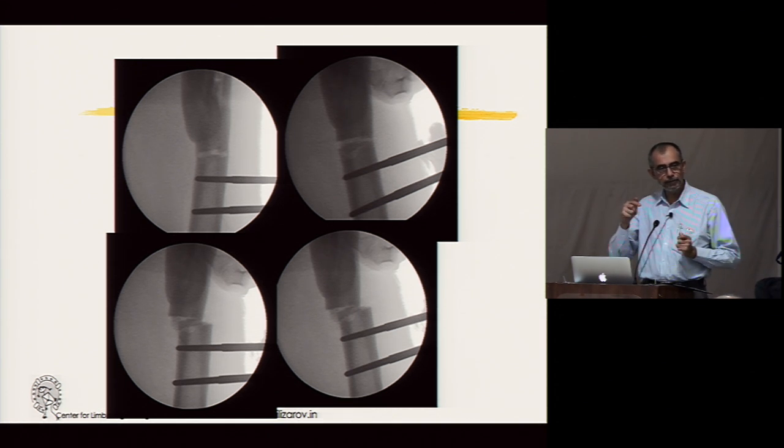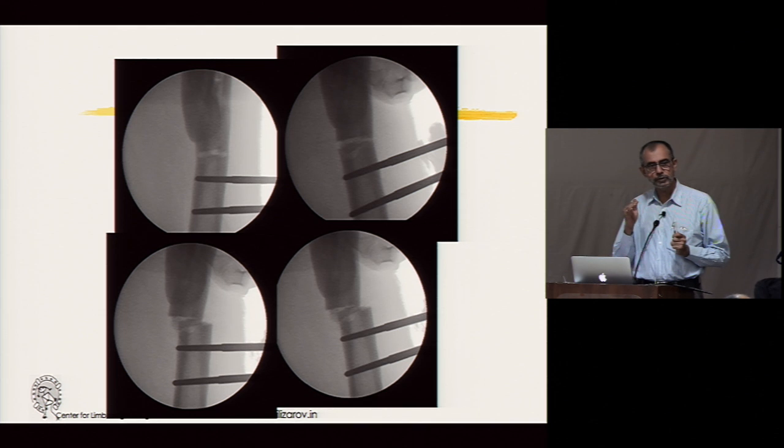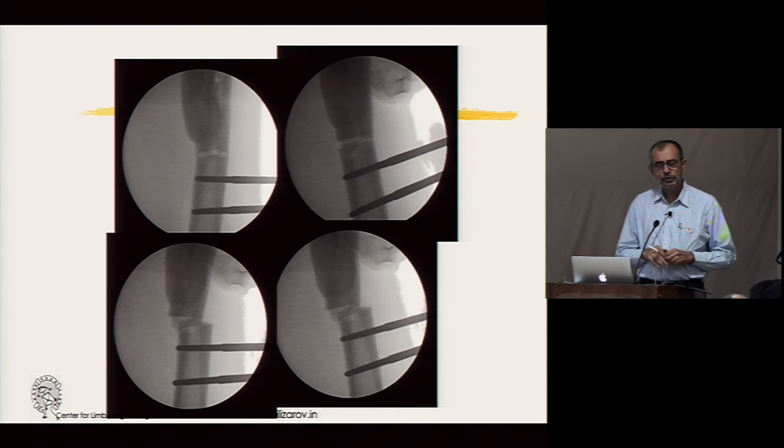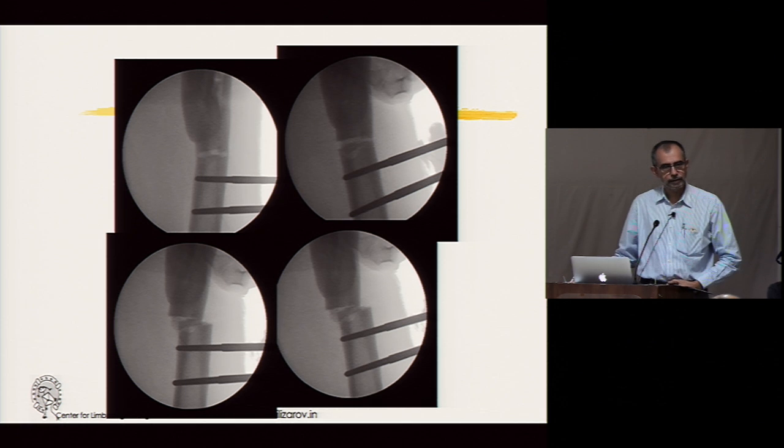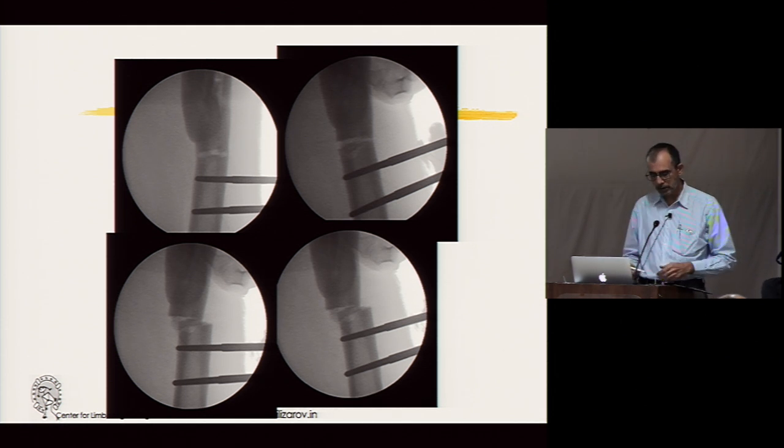So I knew beforehand that if I do my osteotomy here, there is going to be translation. So strictly speaking, yes, what you are saying is right, that the rules will perfectly apply in case of when you are using an Ilizarov, but these things are applicable to everything as long as you know what is happening.